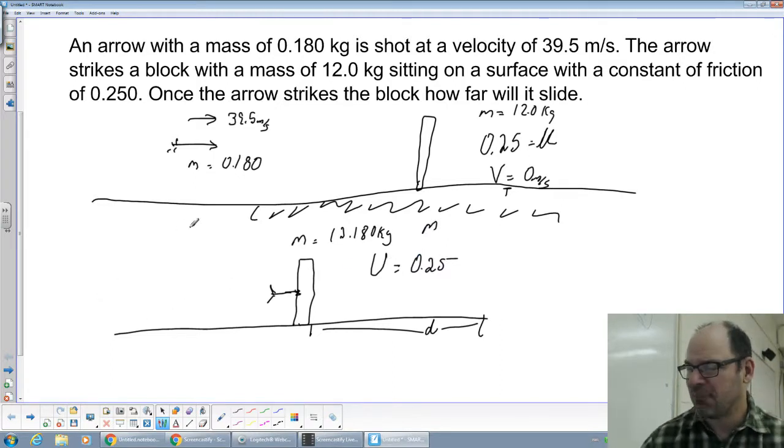What's going to happen is the total energy of this system, not momentum, pardon me, is going to be the same here and here. And all of that energy is going to go into the work done by friction to stop the block.